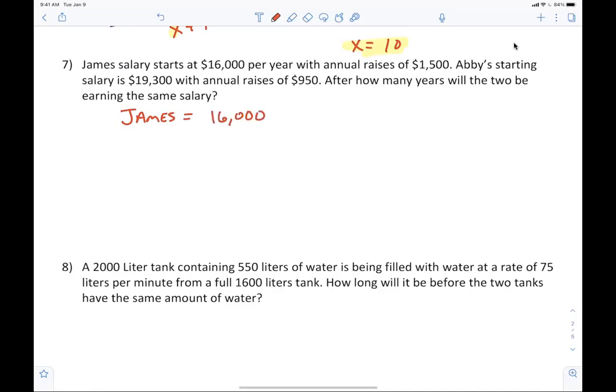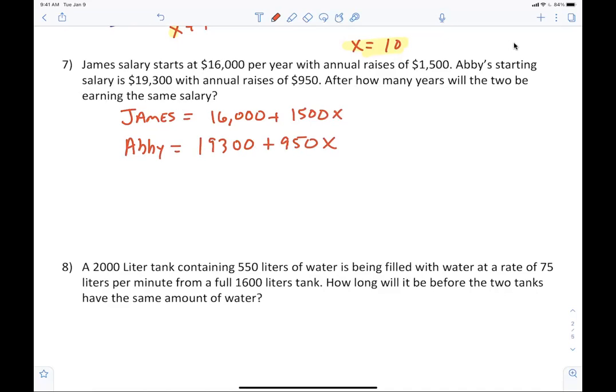16,000 plus what? Plus 1,500x. x is the number of years that he's going to be working. Everybody good with that? And then we have Abby. What's her salary? 19,300 plus 950x.